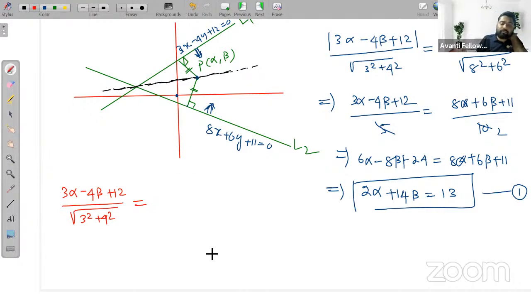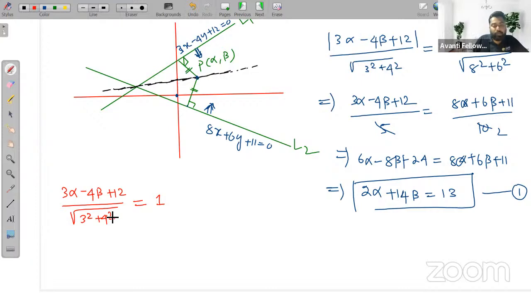Actually, it is 1. It is given that it is 1 unit distance from the line L1.